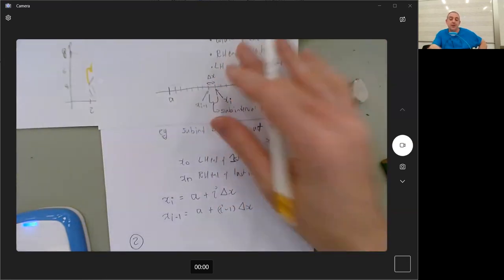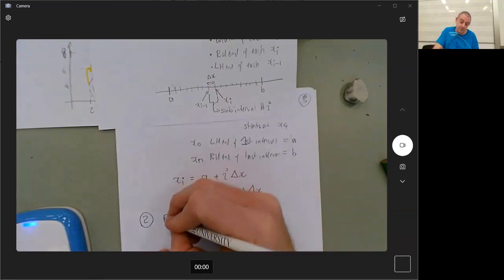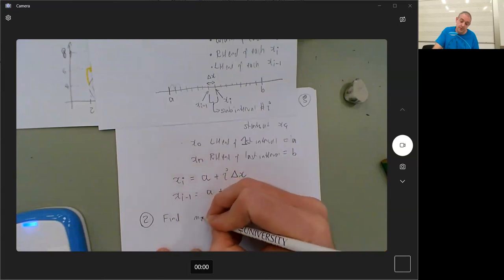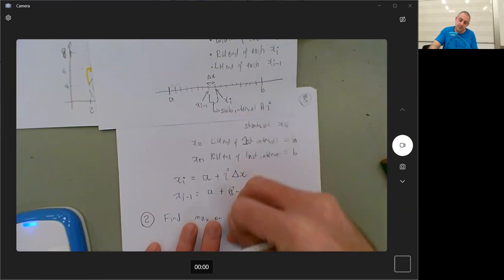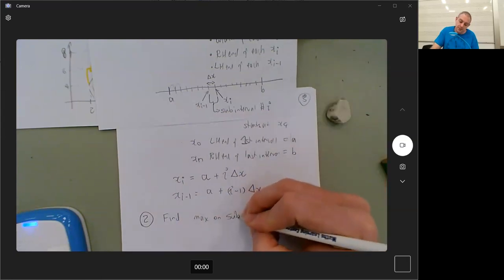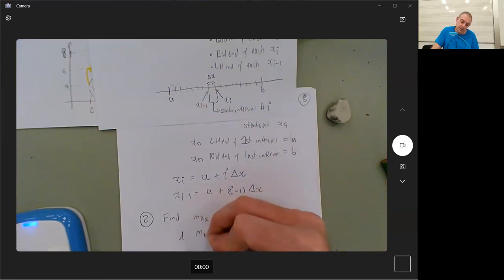Step 2 is, now you have to look at every individual interval and decide what the maximum and what the minimum is on that interval. The maximum on subinterval number i, and the minimum on subinterval number i.